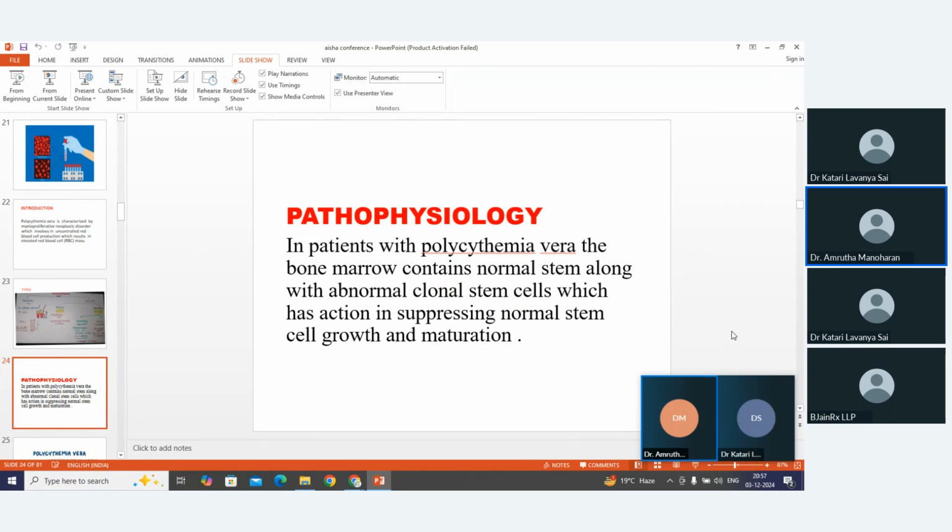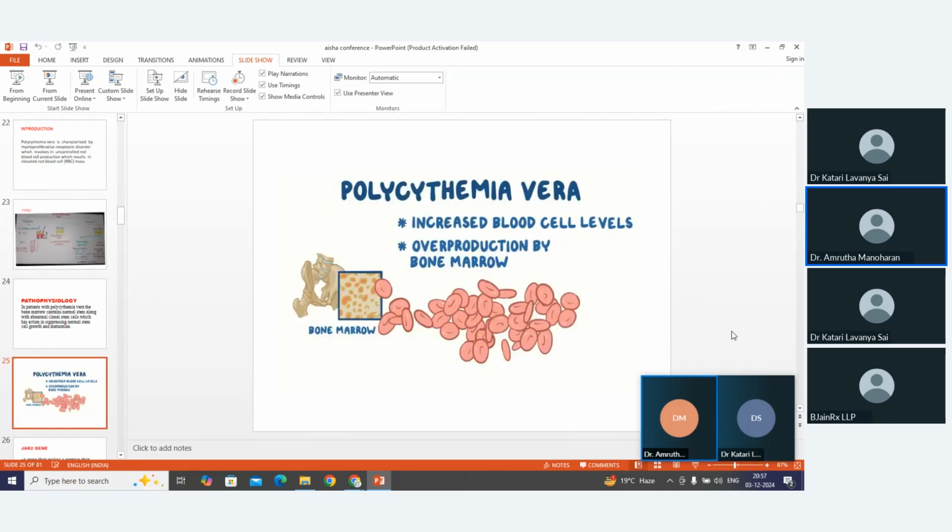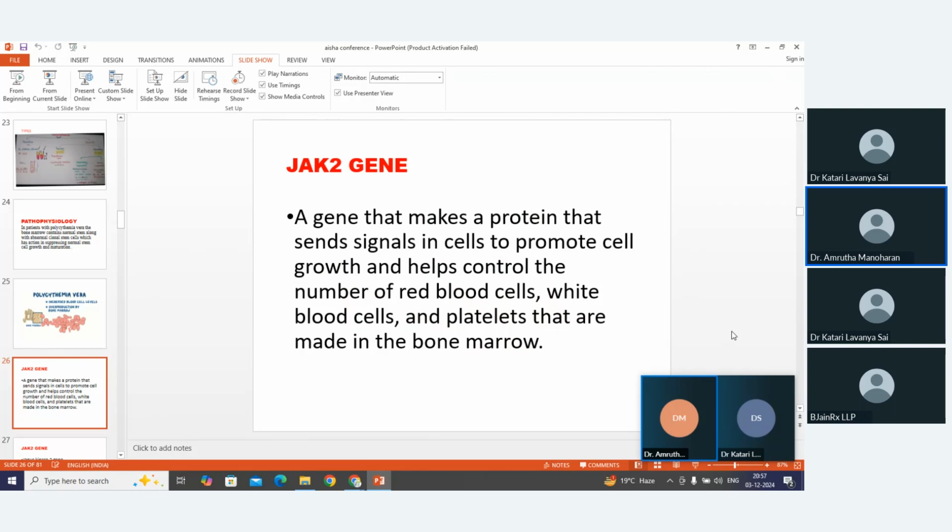Slide 27. JAK2 gene, that is Janus kinase 2 gene. The main pathophysiology behind this is the JAK2 kinase mutation, where a valine to phenylalanine substitution occurs. Slide number 28.